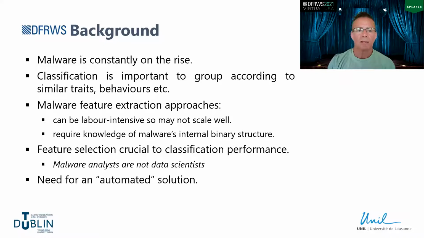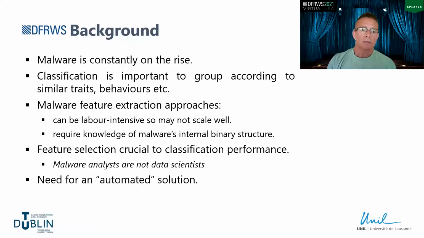The problem with that is malware is essentially a binary file. So these traits and behaviors that we can extract are not readily available. So we normally need to use some sort of pre-processing stage or pre-analysis stage to extract features.